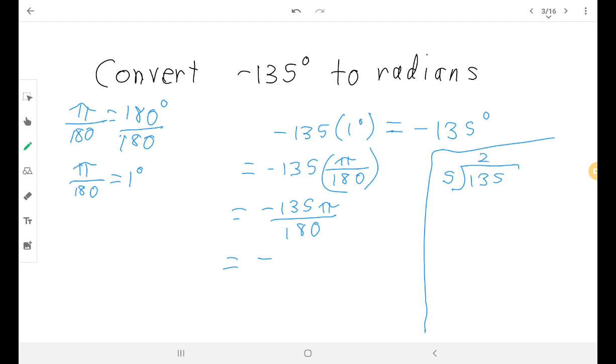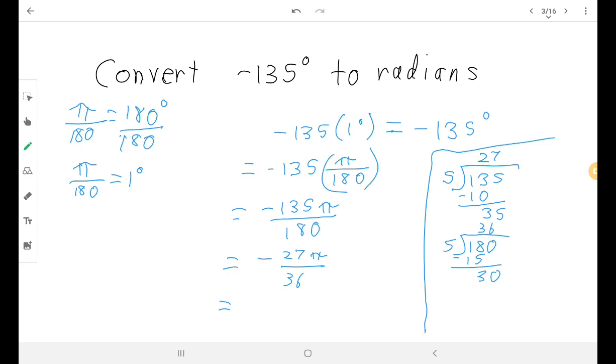That would be 27. So now we've got 27 pi over 180 divided by 5, which will be 36.